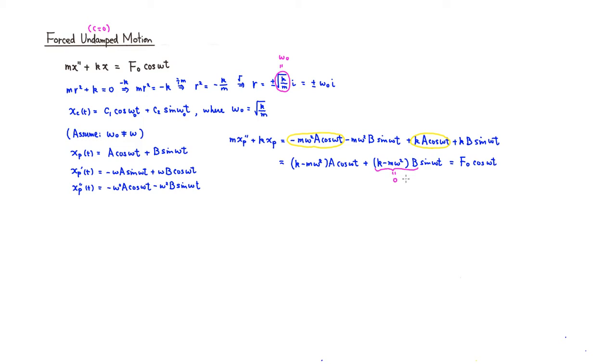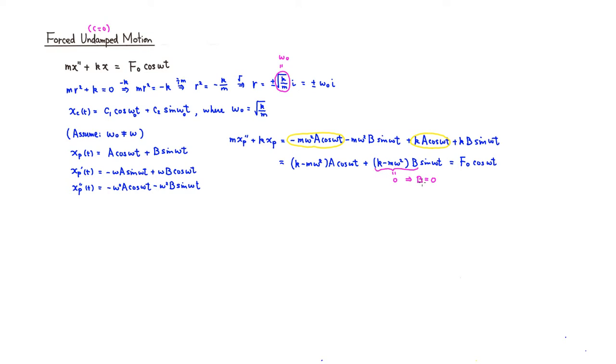Which gives us the b value. This has to be equal to 0, so b has to be equal to 0, unless k minus m omega squared is 0, but since omega 0 and omega are different, this is never 0. So b has to be 0.